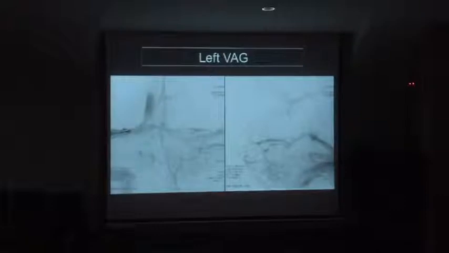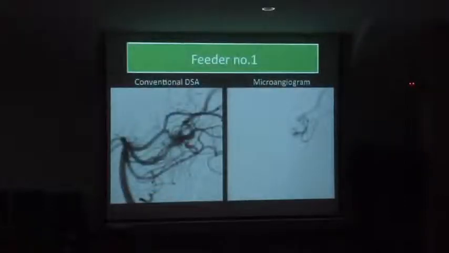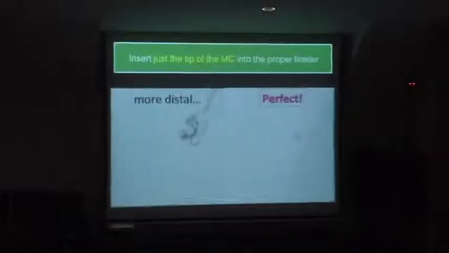We know the feeders are 3. So this is the DSA image of feeder number 1 and microangiogram. The microcatheter needs to be advanced more distally. Finally, I succeeded in inserting just the tip of the microcatheter into the proper feeder.